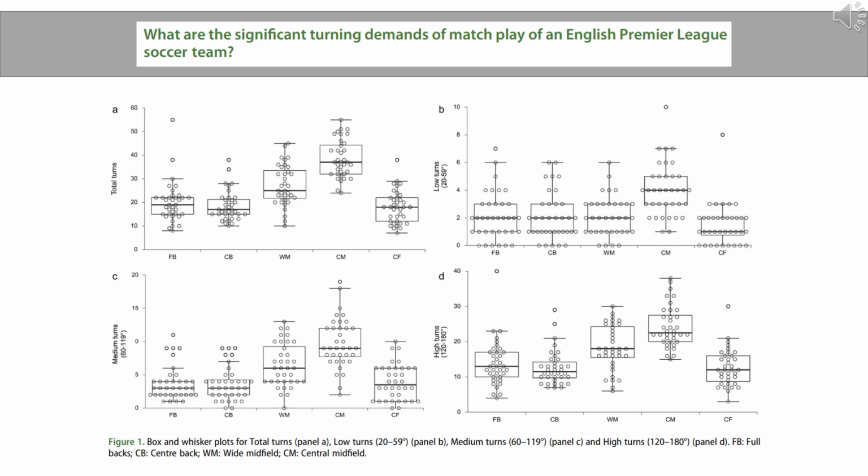Okay, when we think about change of direction speed and indeed agility, there are some phenomenal practitioners out there, such as Warren Young and Sophia Nymphius, who've created some really high profile, high quality research over the years.